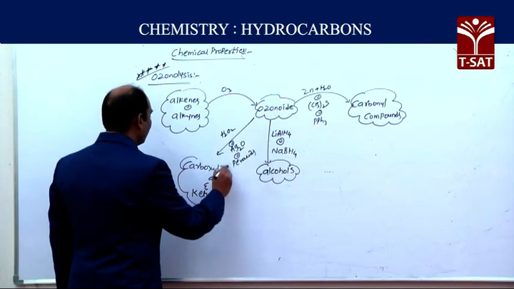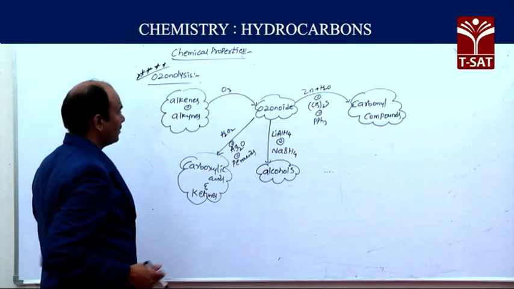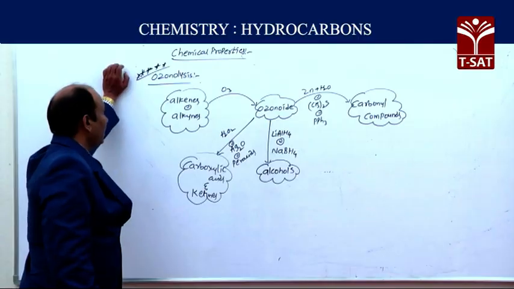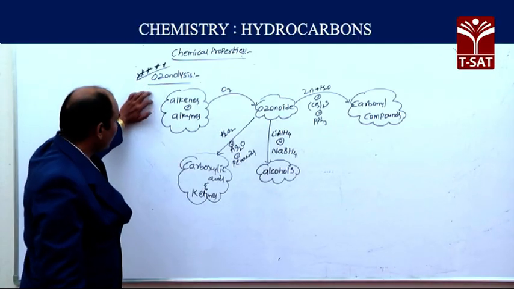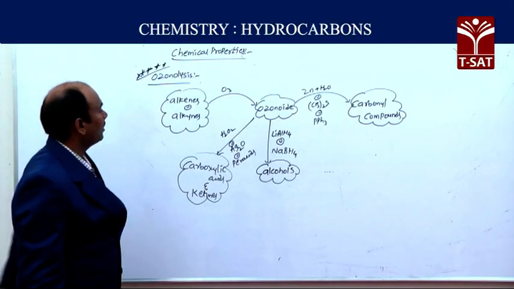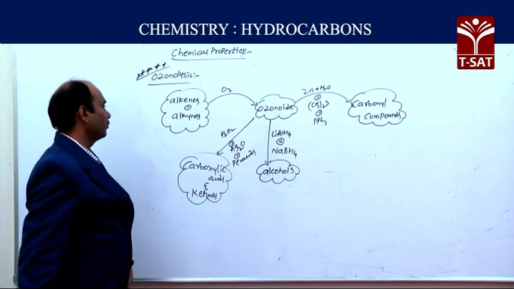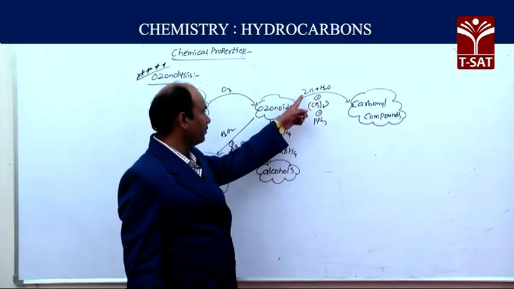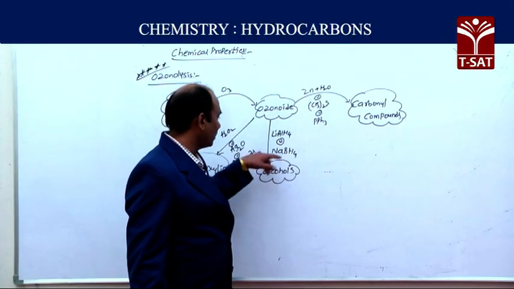It is very, very important. First of all, this is the main concept. Now let us discuss the examples. Ozonolysis reaction is nothing but alkenes or alkynes, unsaturated compounds, reacting with ozone and forming ozonide. This ozonide is subjected to hydrolysis by using zinc. This is reductive ozonolysis. This is also reductive ozonolysis.